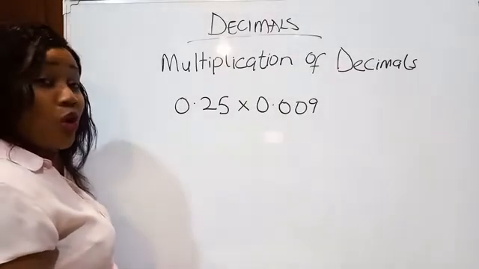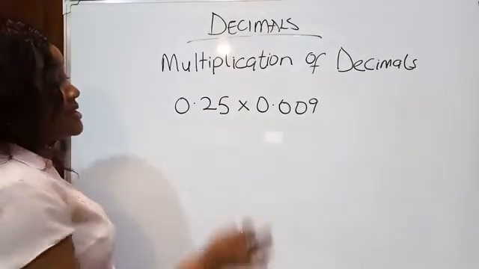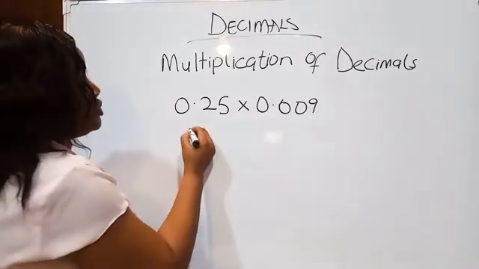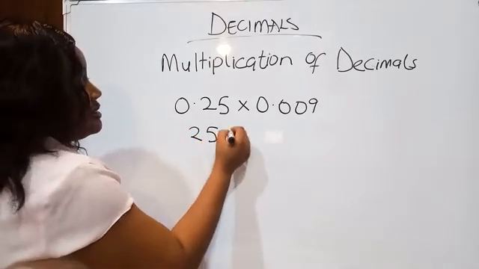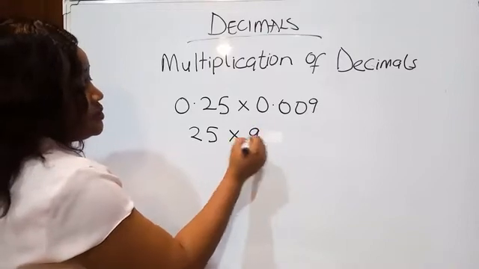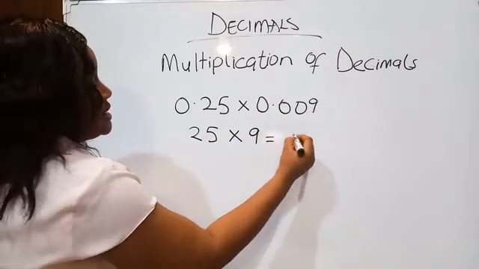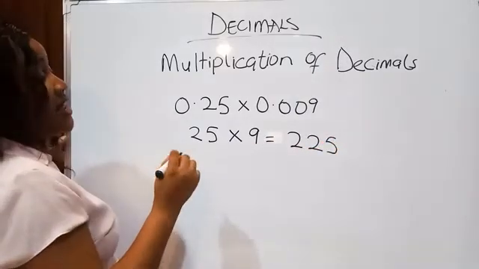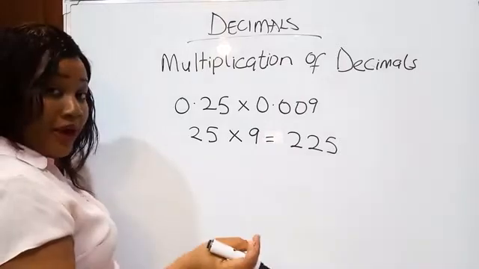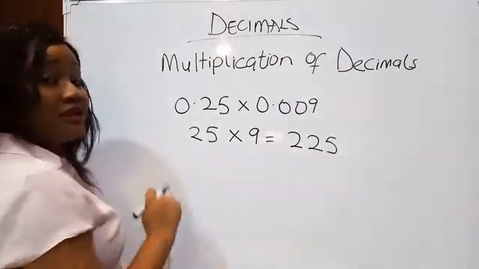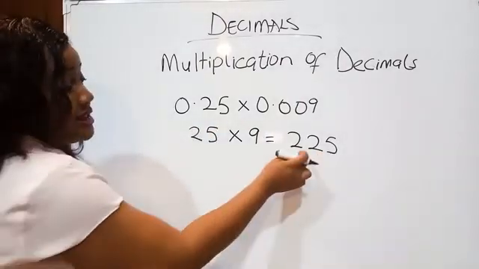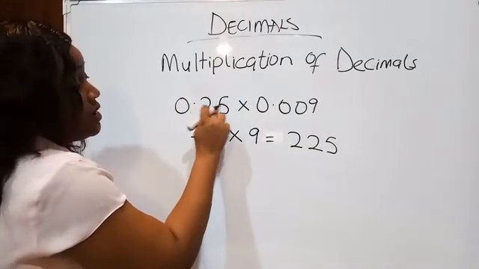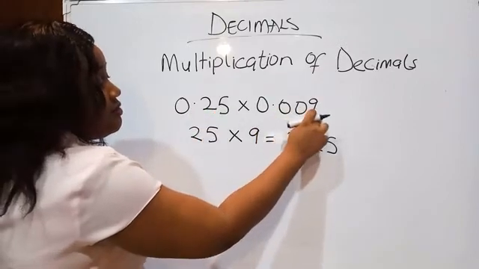Let's try solving this the easier way. So basically, the first thing to do is to extract the whole numbers there. Okay? So here you have 25 times 9, which gives us 225. Then you count the number of places after the decimal point, then move the decimal point backwards from this. You have 1, 2, 3, 4, 5.